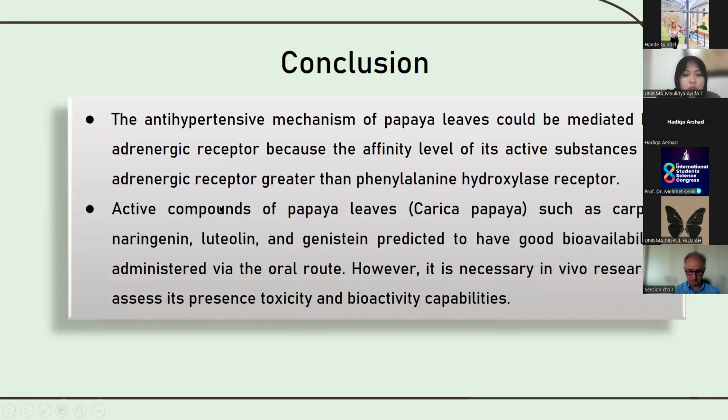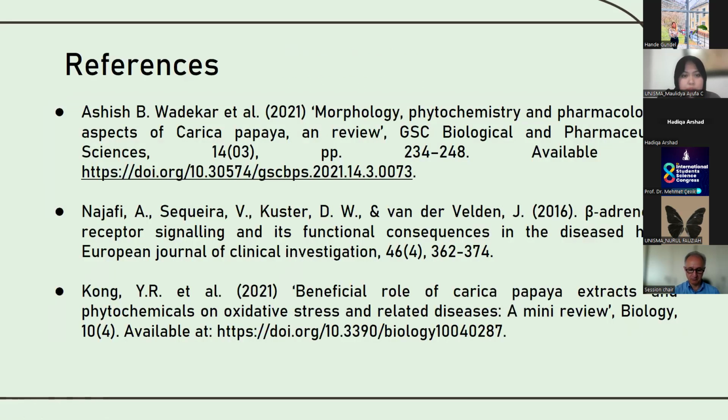And the active compounds of papaya leaves such as carpain, naringenin, luteolin, and genistein are predicted to have good bioavailability if administered via the oral route. However, in vivo research is necessary to assess its toxicity and bioactivity capabilities. This is the reference that I used for this research, and that is the end of my presentation. Thank you.